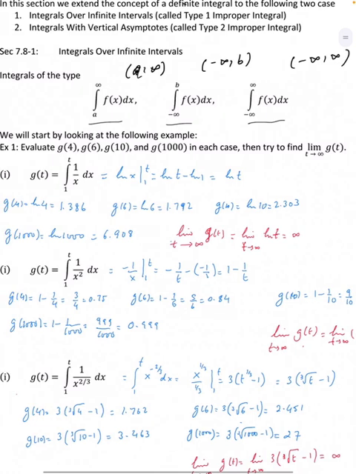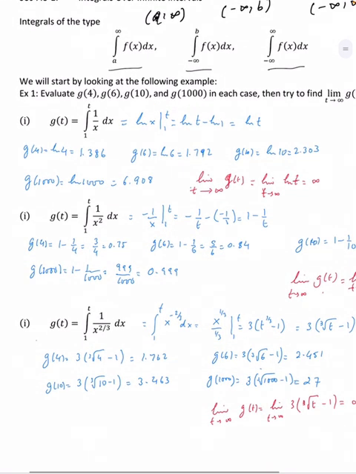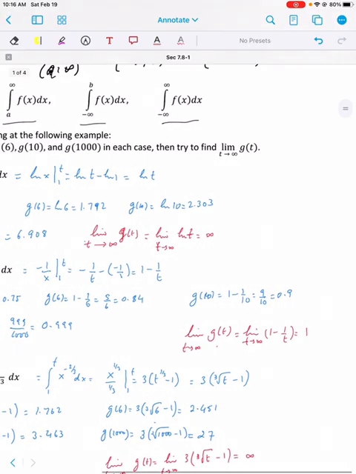Now we saw these three examples in class. If we have a function 1 over x, note here the graph will look like a piece here and a piece over here. So we are talking about the integral from 1 to t.